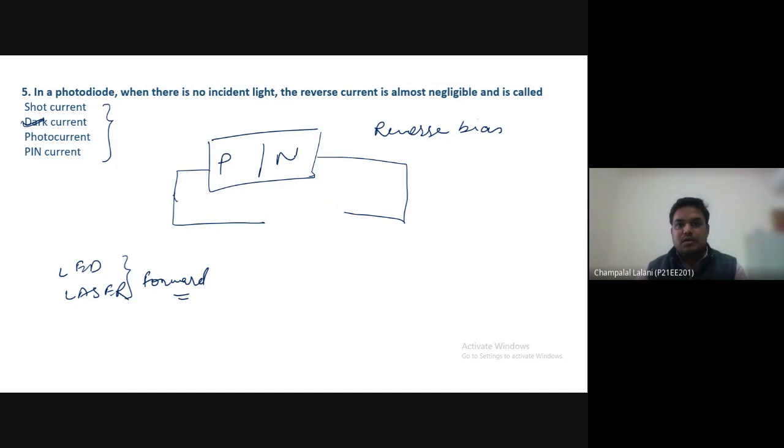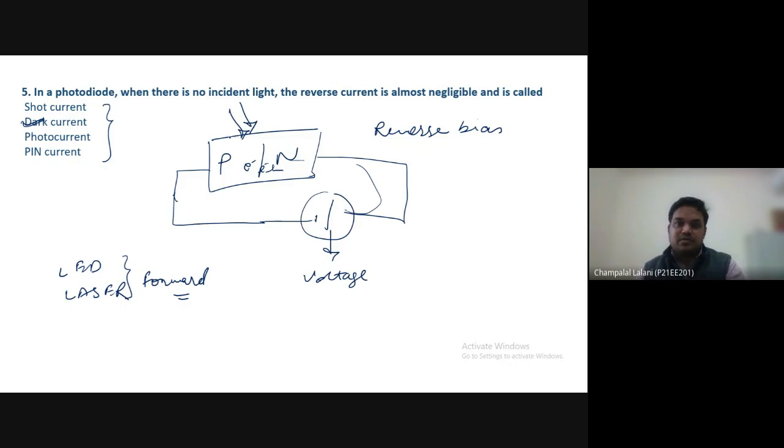So this will be like reverse bias. Whenever light falls here in the form of photons, electron-hole pairs are generated inside the material, and these electron and hole pairs flow inside the circuit, and we get a voltage at the output. So this is the short working of a photodiode.